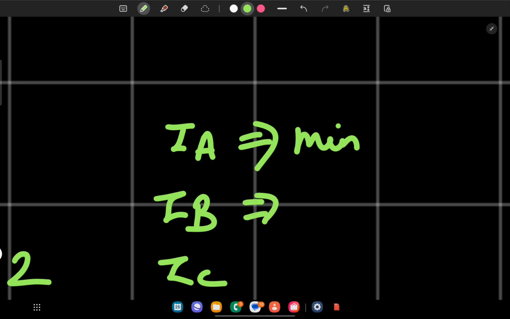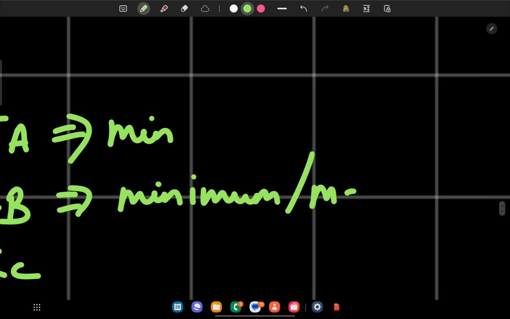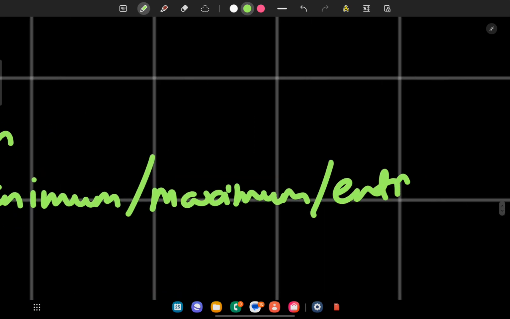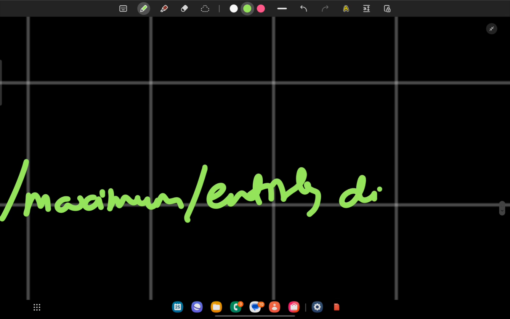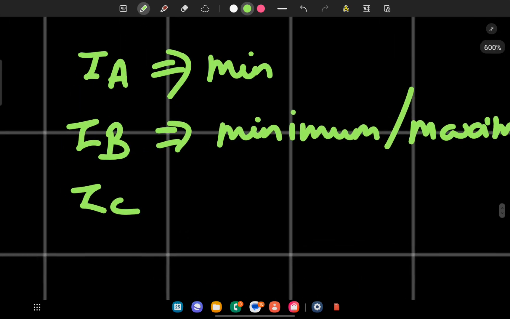Then along the axis B, your moment of inertia can either be minimum or maximum, or entirely different as well. And IC is always the maximum.